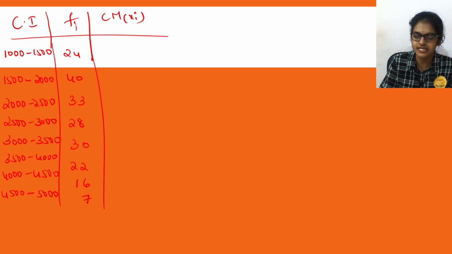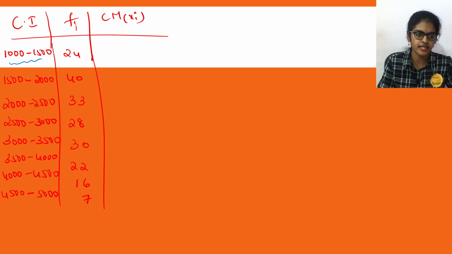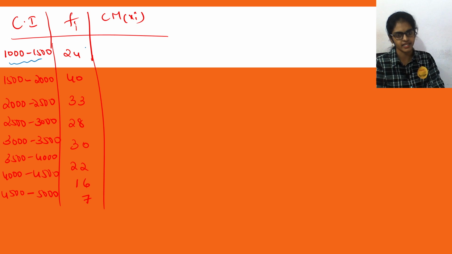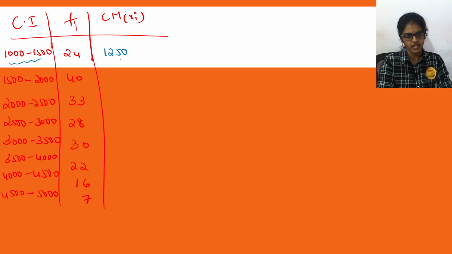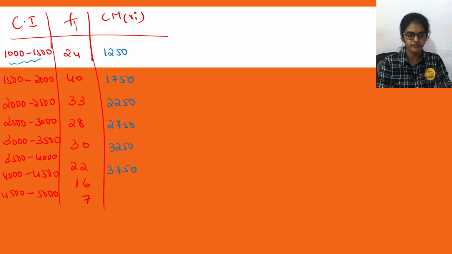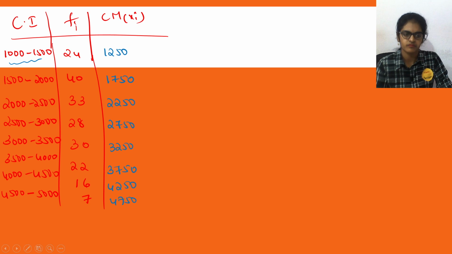Class mark is nothing but upper limit plus lower limit divided by 2, the average of these two. So 1000 plus 1500 divided by 2 is 2500 divided by 2, you get 1250. Now add 500 to this, as I told you the trick: 1750, 2250, 2750, 3250, just adding 500 each time, 3750, 4250 and 4750.